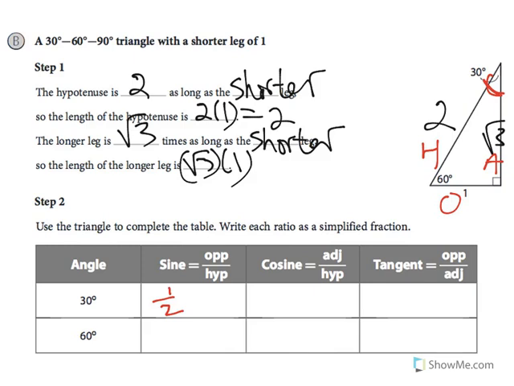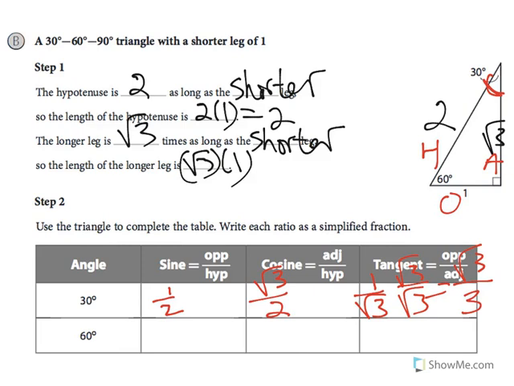Cosine is adjacent over hypotenuse, so it becomes radical 3 over 2. And tangent is opposite over adjacent, so 1 over radical 3, but we cannot have a radical in the denominator, so this becomes radical 3 over radical 3, so it becomes radical 3 over 3.